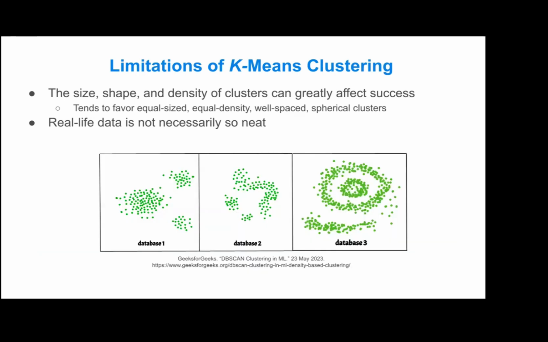Another example is data sets in odd shapes that aren't very spherical or circular, like in database 2 or database 3. K-means clustering is going to give you a clustering pattern that probably does not reflect the patterns that you can even see by eye from this data set. So in that case, you would probably not want to use k-means clustering.